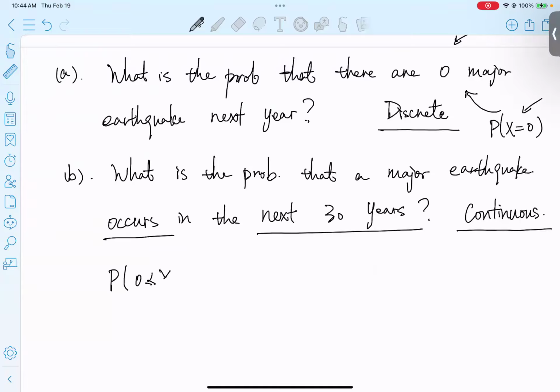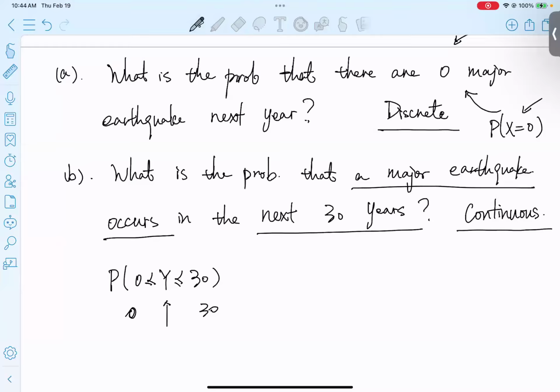For the second question, I would write down the mathematical formulation this way: the timing for a major earthquake would fall in the time window from now to 30 years away. That would be my reasoning.